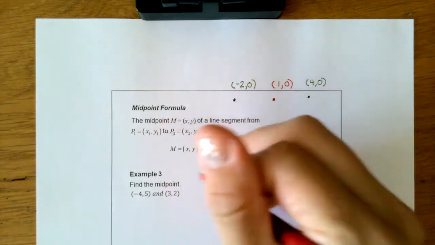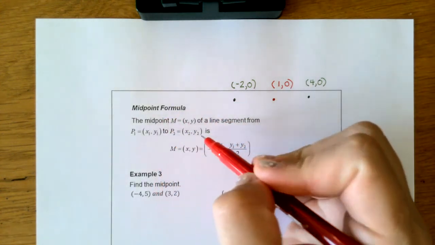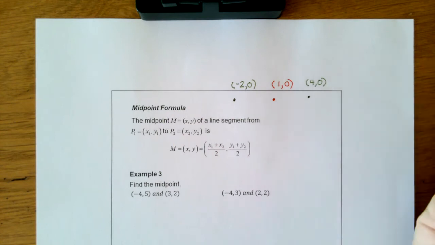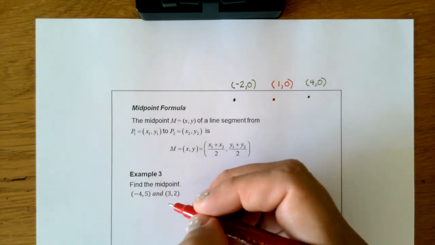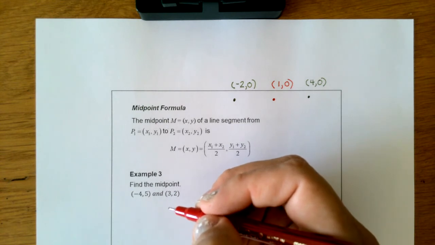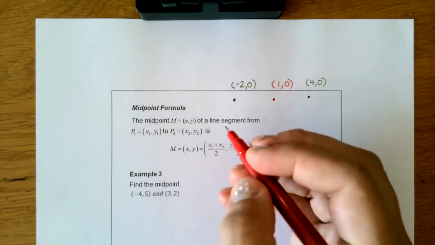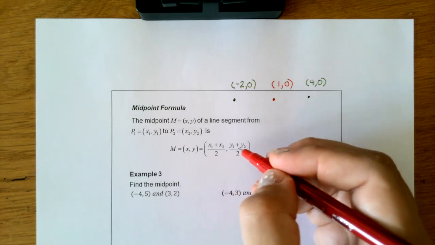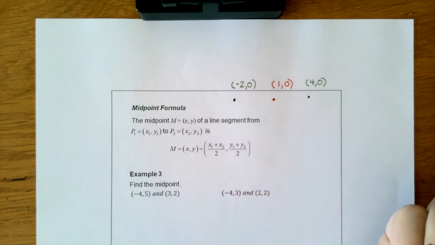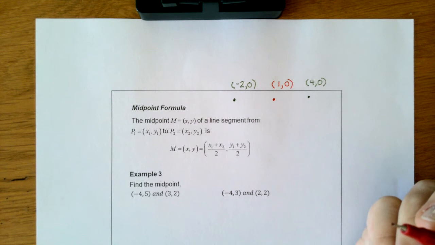So what we're going to use is the same points and x and y values, but we're going to put them into this formula. So for example, add the 2 x values, divide by 2, add the 2 y values, divide by 2, and it'll give you a new point. Okay?